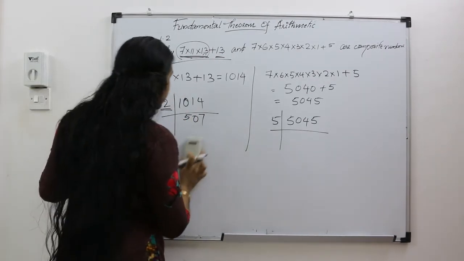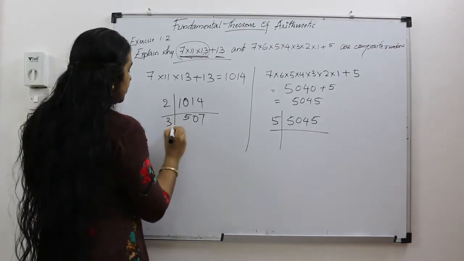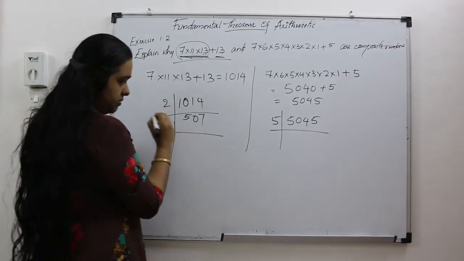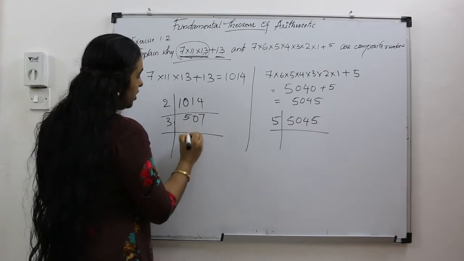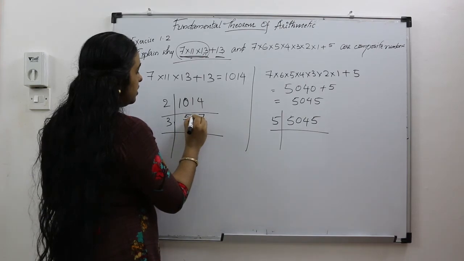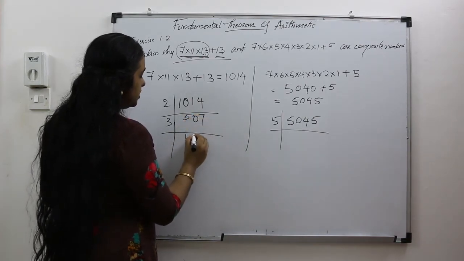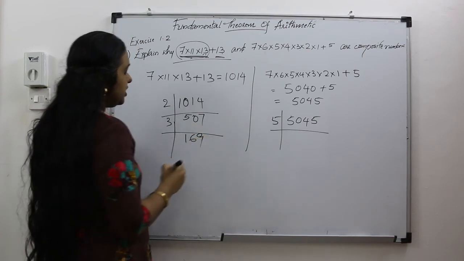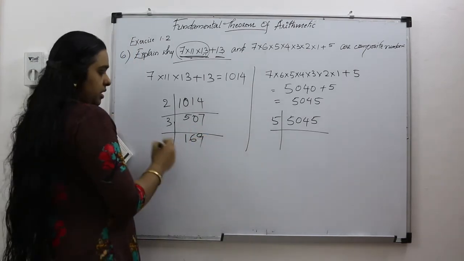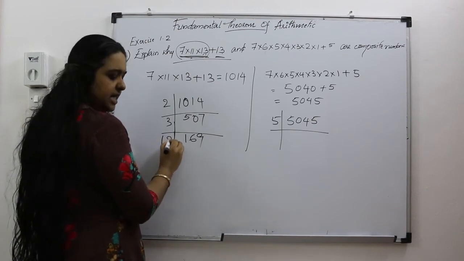I'll just do it. So 507. We can divide it with 3. 169. 169 is 13 into 13, right?